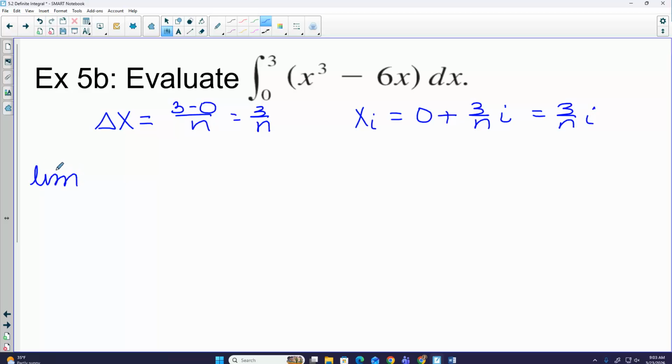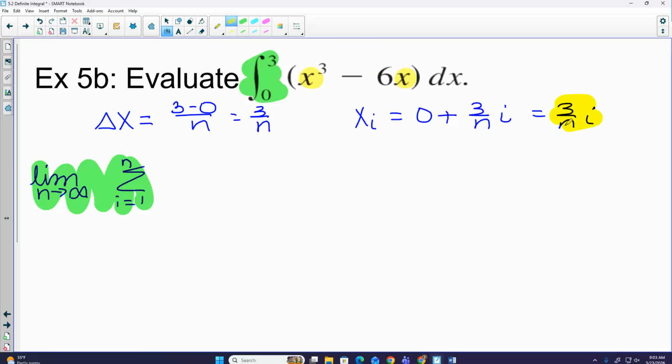So we're going to do the limit as n goes to infinity of the sum from 1 to n. Remember, this expression replaces that integral. Then we replace these x's with the x sub i's.